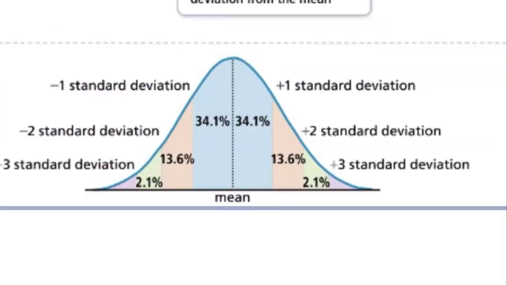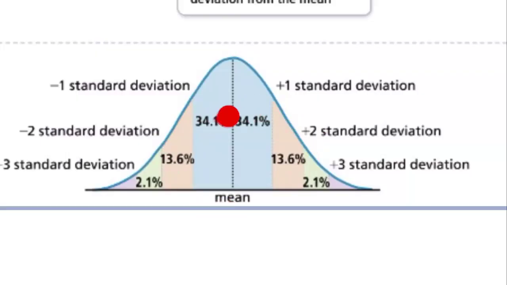Ideally, in statistics, you want to have your data as close to the mean as possible, but obviously that's not always the case. Depending on your data, it can be between 1 standard deviation or 2. So ideally, you always want to have it between 1, so 1 on the left, 1 on the right. 2 is okay, but usually anything higher, you kind of have to worry about your data. You have to question it. So that's pretty much all it really means.